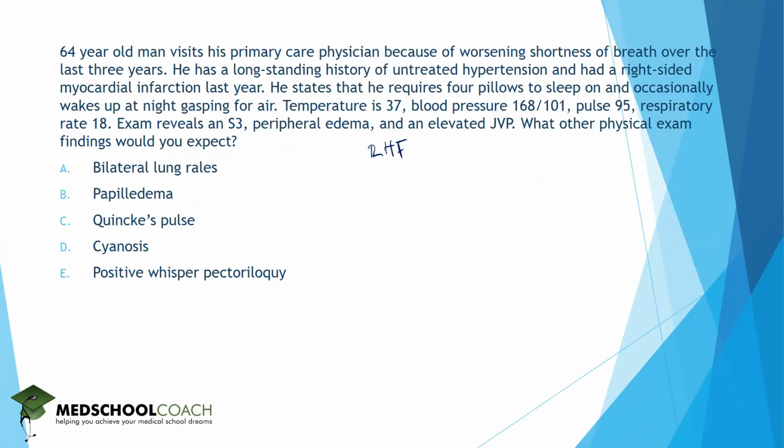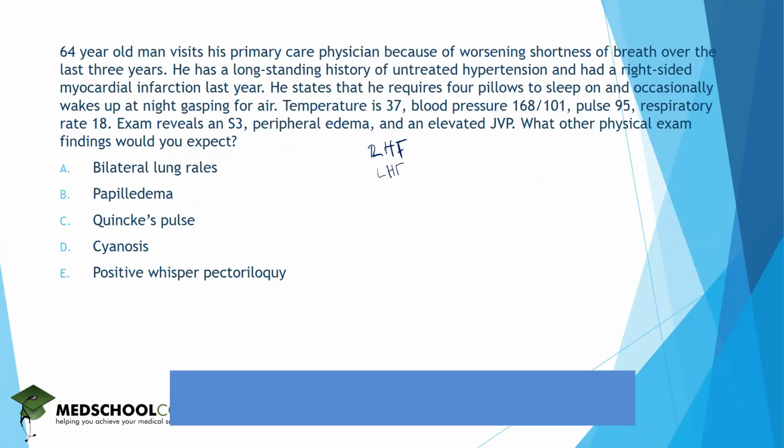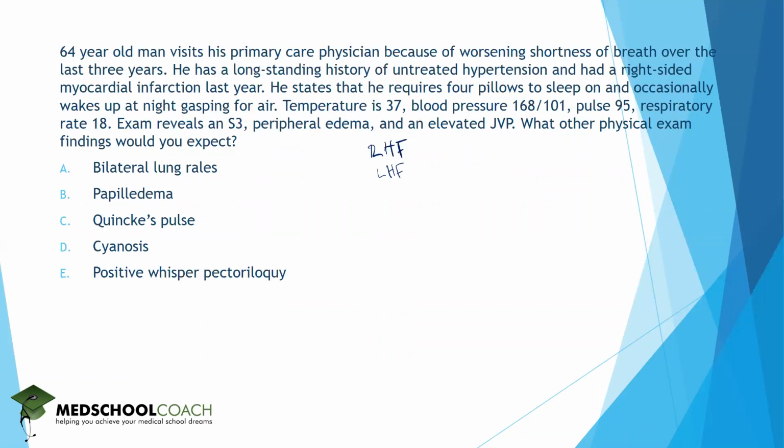Do you think he also has left heart failure? I think he probably does have some left heart failure too, since he's had untreated hypertension. And you said that the most common cause of right-sided heart failure is left-sided heart failure. So that could have been the inciting event for his right-sided heart failure. So I want to look for symptoms maybe of left-sided heart failure.